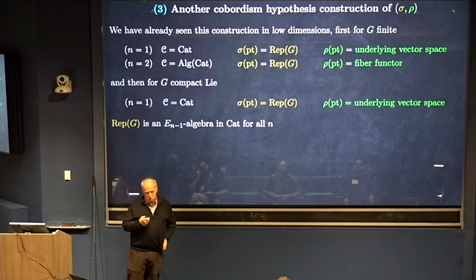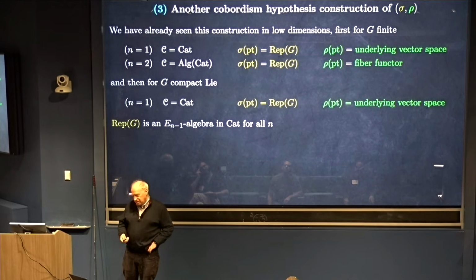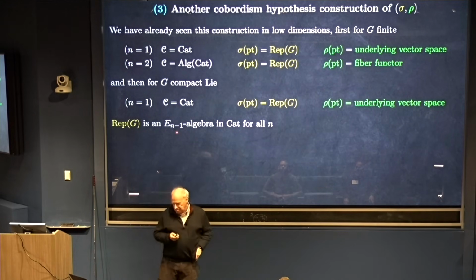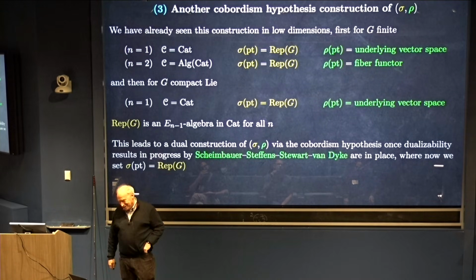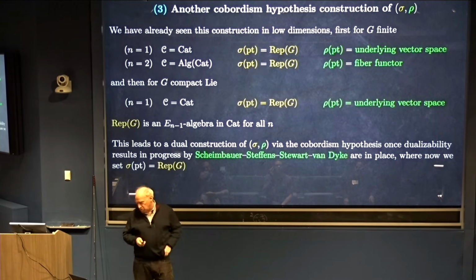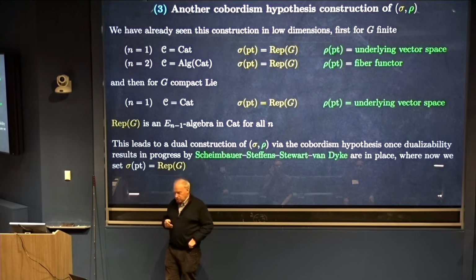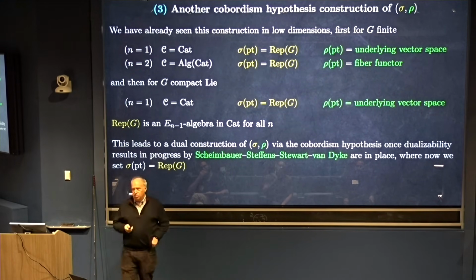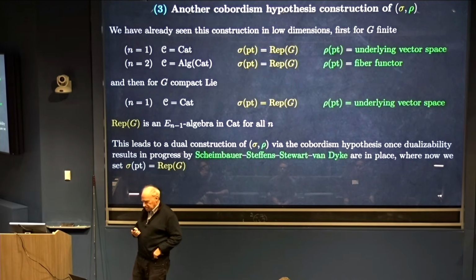And that means it's as commutative as you like, and the level of commutativity that's appropriate if we're doing the thing in n dimensions is that it's an E_{n-1} algebra. And so that then, once this higher algebra is in place, will be n-dualizable inside E_{n-1} algebras, inside the appropriate category. And so this leads to a dual construction. That was the third one that I gave, where, again, what's attached to a point is now this representation category of G as an E_{n-1} algebra.